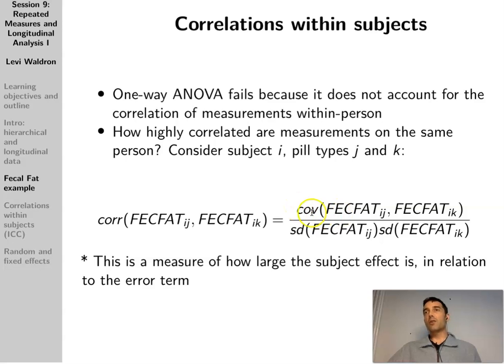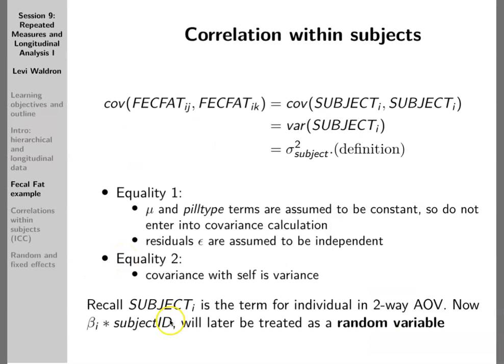It's the covariance of those two variables divided by the standard deviation of one times the standard deviation of the other. And this is a measure of how large this subject effect is in relation to the error term. So you can imagine if you have a large subject effect, that is where the difference from one person to another is much larger than any other effect, then this will be a very high correlation.